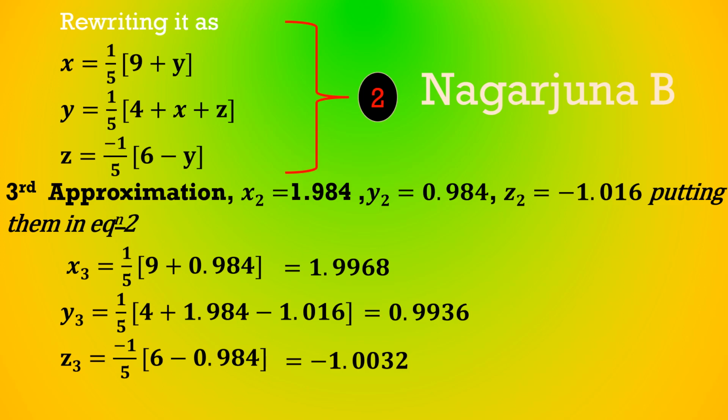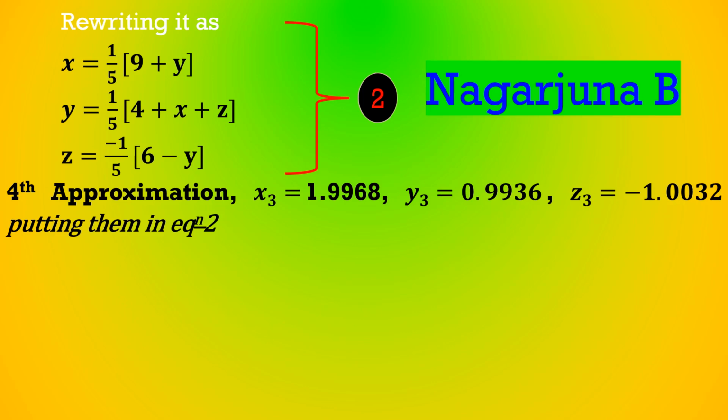So these are the values of x3, y3 and z3. Now we need to go for a fourth approximation by considering these values. From the third approximation, we got x value as 1.9968, y value as 0.9936 and z value as minus 1.0032.